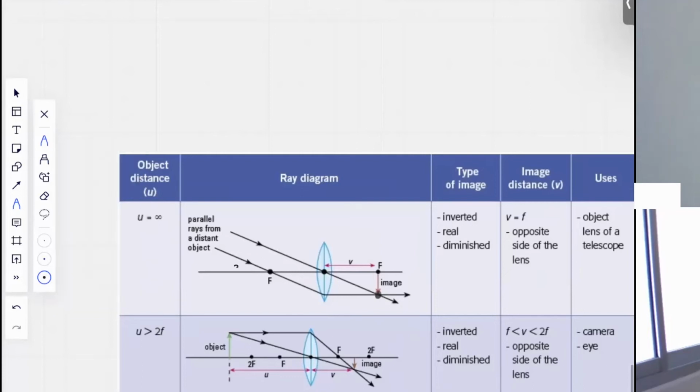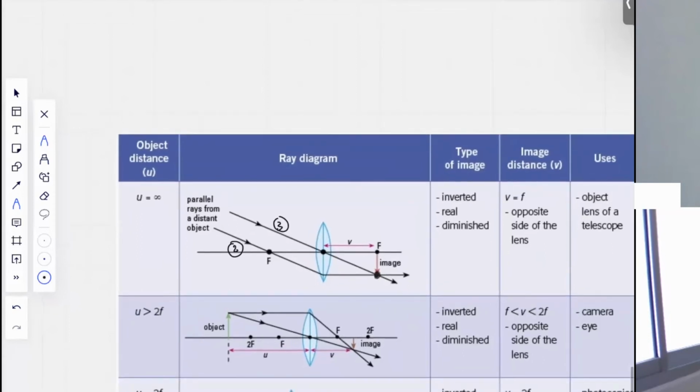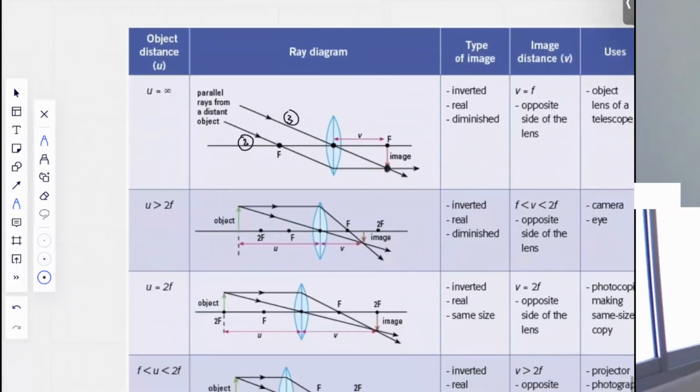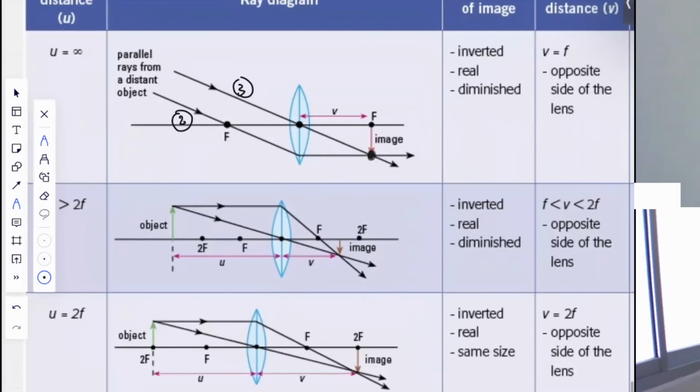This is number 2. This is number 3. Yeah. Then you get the image here. The image here is real because you don't draw them backwards here. Yeah. This one also. This is number 1. This is number 3.